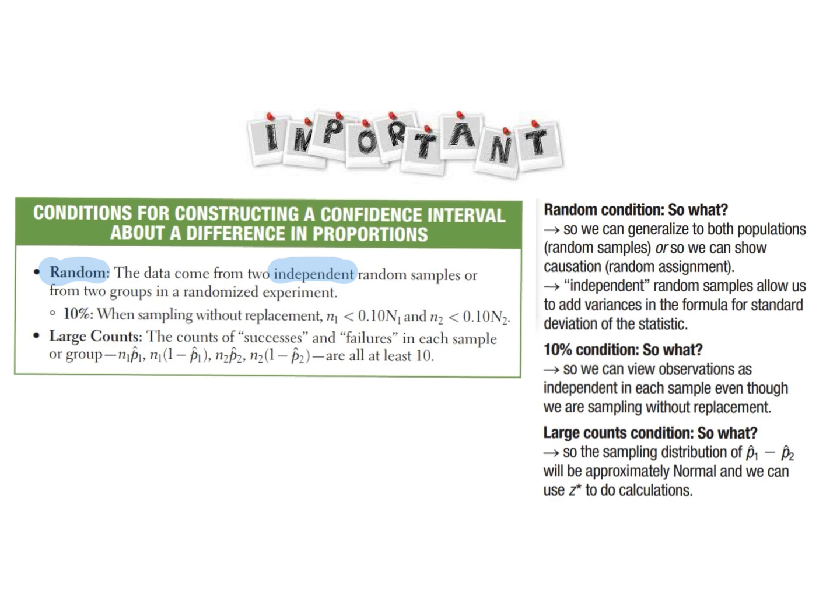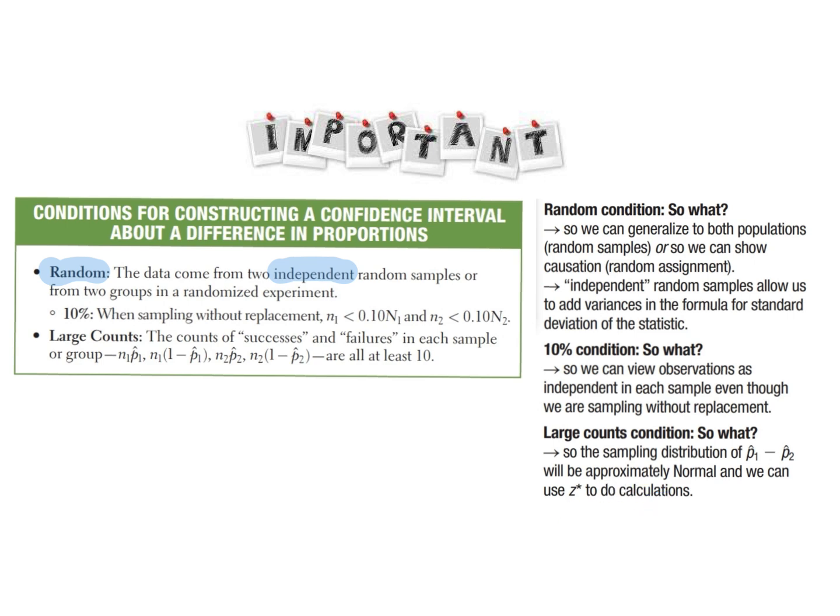Why do we have this 10% condition? It's so we can view observations as independent in each sample when we are sampling without replacement from a finite population. Why do we have to check the large counts condition? It's so that the sampling distribution of the difference in our sample proportions will be approximately normal, and we can do these critical value calculations.